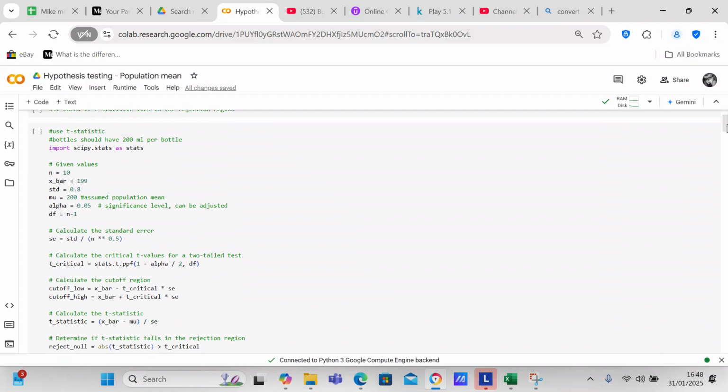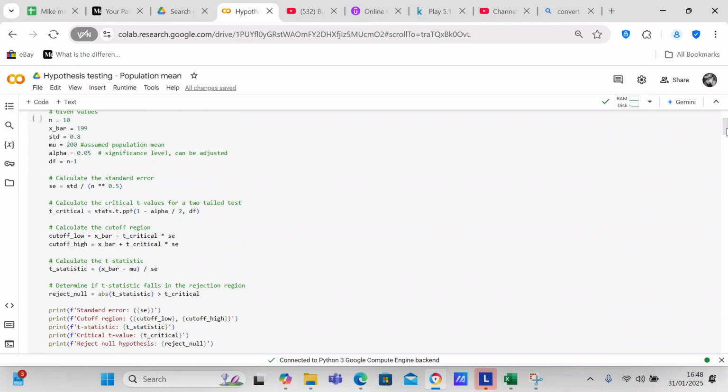So the first example that we're going to go into is we're going to calculate the t-statistic, but we're going to talk about bottles, and each bottle should have 200 milliliters per bottle, and we're going to check to see what happens with that. So we're going to check 10 bottles. So N is 10, that's your sample size.